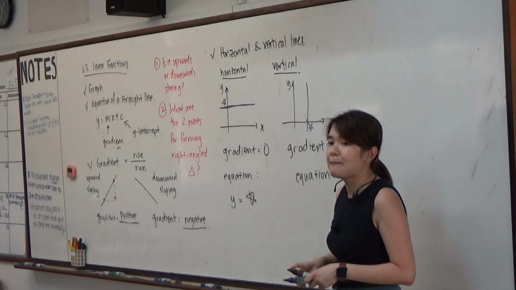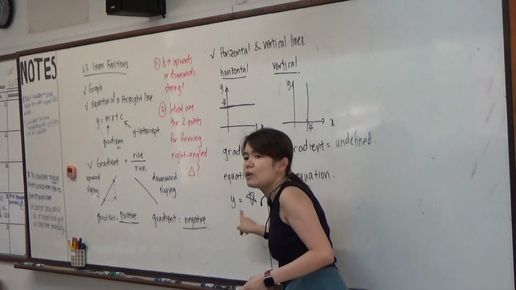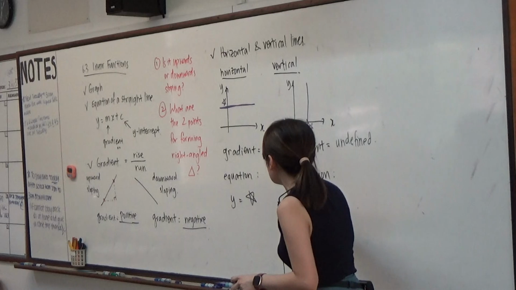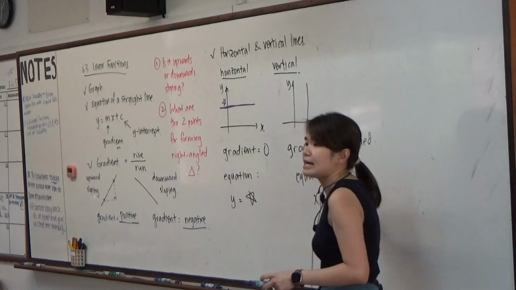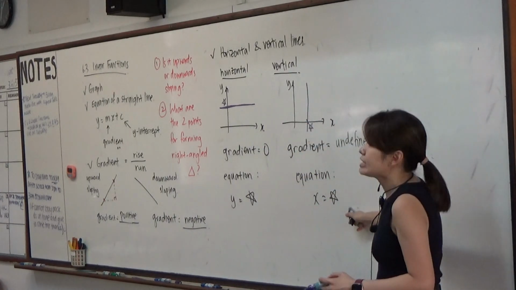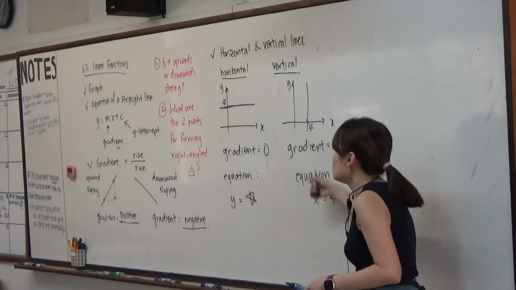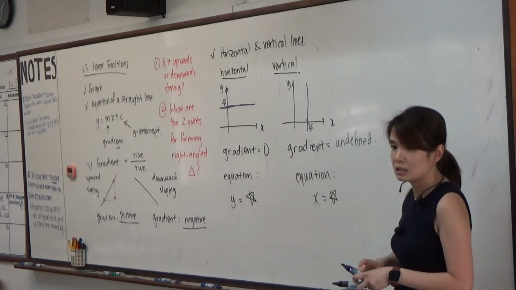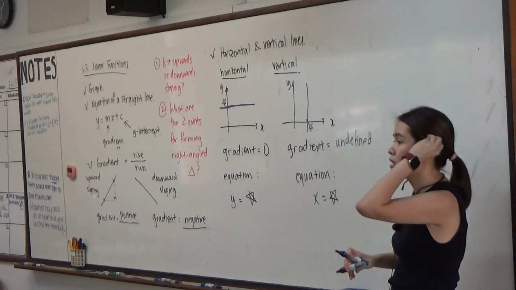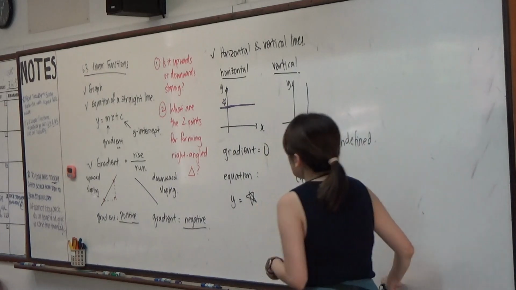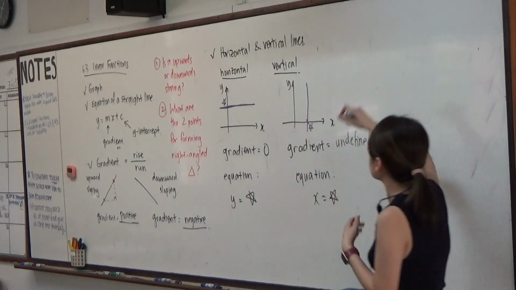So instead of y equals to something, for vertical lines, the equation differs. It is x equals to that number. So vertical lines is the part whereby it's a unique case. It is x equals to whatever number that appears here. You understand? Any questions?